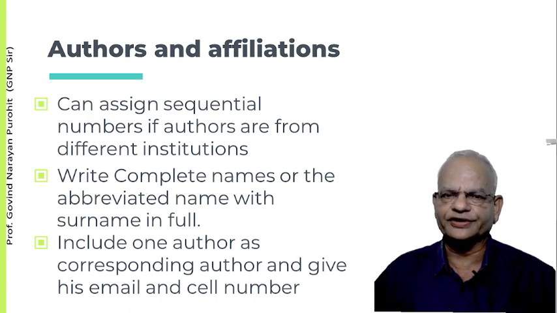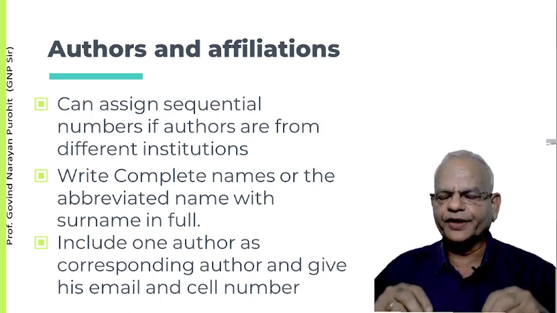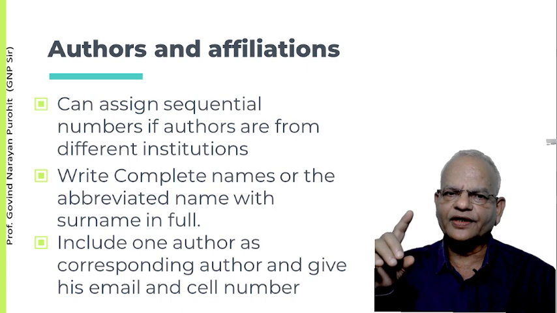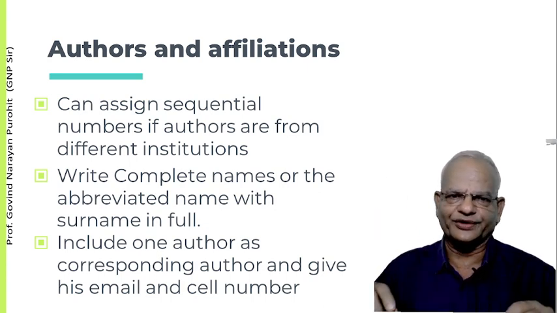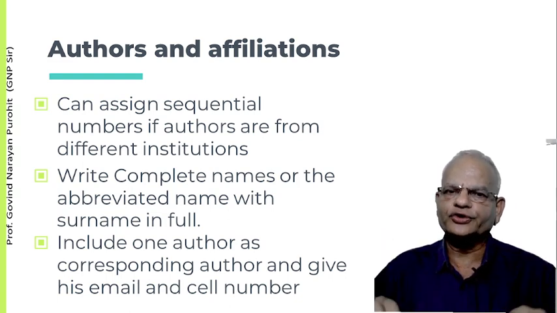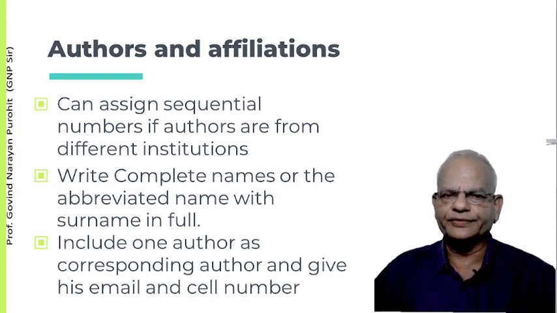There was one article published in some journal which had more than 300 authors from around 60 institutions. So there is no limitation, but only those who have really contributed to that publication should be included.